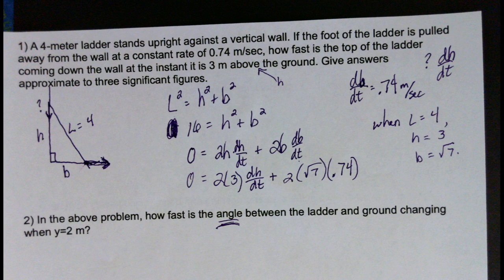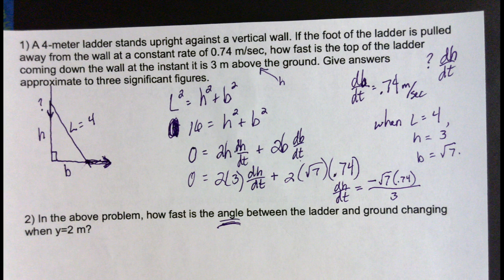It's going down at 0.653 meters per second. That's pretty fast. To be honest, it says how fast is the top of the ladder coming down the wall, so do I need the negative? No, you don't.